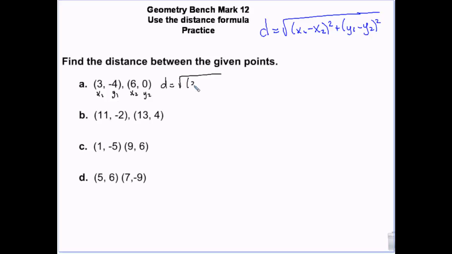So I have 3 minus 6 and negative 4 minus 0. So that is the square root of negative 3 squared, negative 4 squared. I was already squaring in my head, I think. So square root of 9 plus 16, which is the square root of 25, which is just 5.